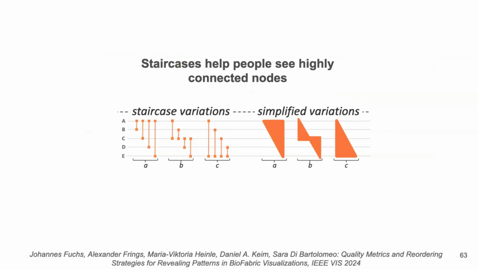So yeah, staircases help people see the highly connected nodes, and they might come in this triangular shape. It can be either an upside down triangle or this other triangle, or even this butterfly shape, that could help me too.